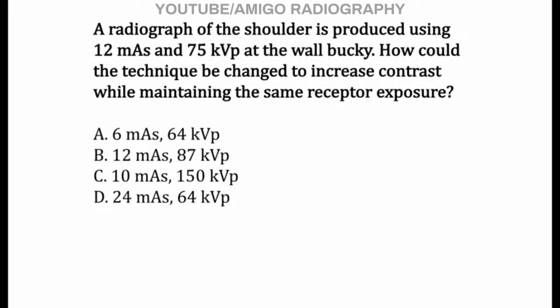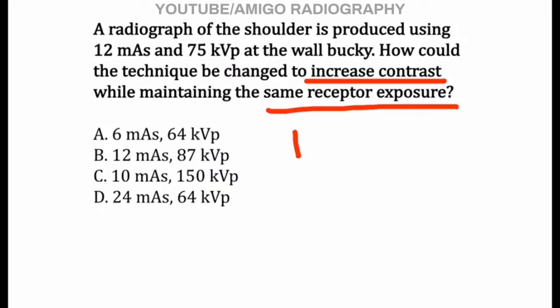Here's another sample problem. A radiograph of the shoulder is produced using 12 mAs and 75 kVp at the wall bucky. How could the technique be changed to increase contrast while maintaining the same receptor exposure? This is actually a classic use of the 15% rule. We want to increase contrast while at the same time maintaining our receptor exposure.